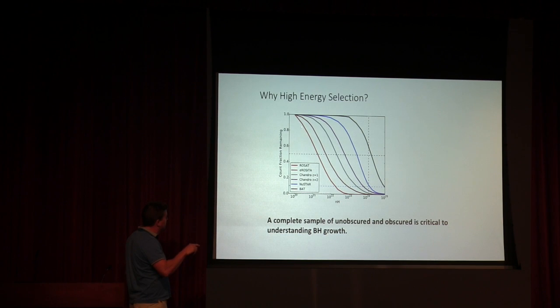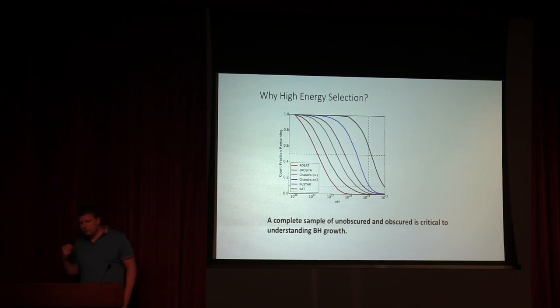This is true also for eROSITA, though it gets a bit farther, to 10 to the 23. With Chandra, you can detect high redshift AGN where your energy is shifted into the softer energies, but it doesn't do that much better in terms of where you're going to be heavily biased. What really helps is to go to either NuSTAR or SWIFT-BAT above 10 keV.